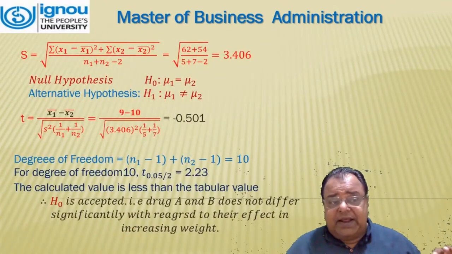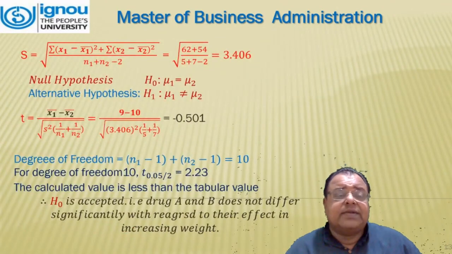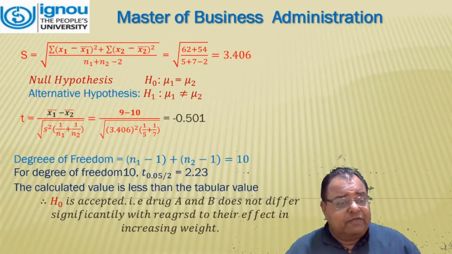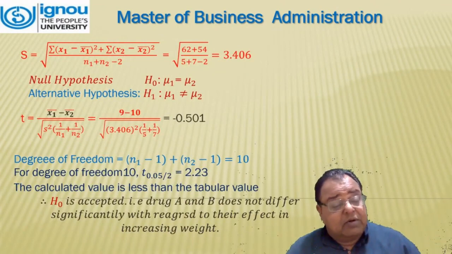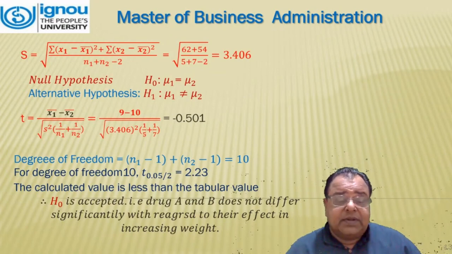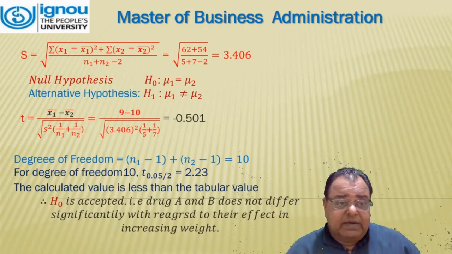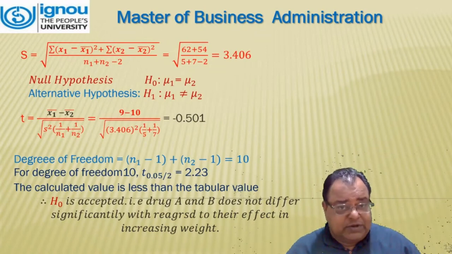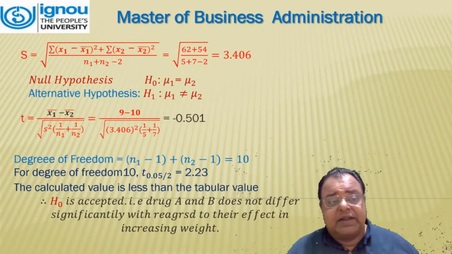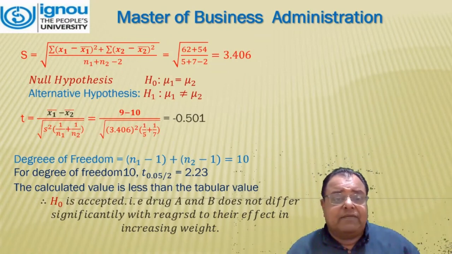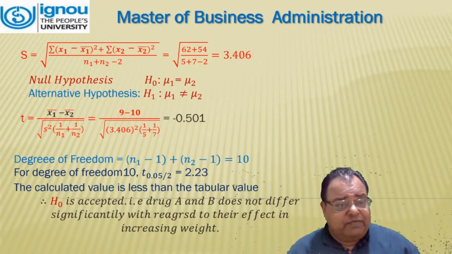We will calculate S, that is, the square root of the summation of x1 minus x1 bar whole squared plus the summation of x2 minus x2 bar whole squared, divided by n1 plus n2 minus 2. We have already calculated the summation of x1 minus x1 bar squared, which is 62, and for x2 it is 54.